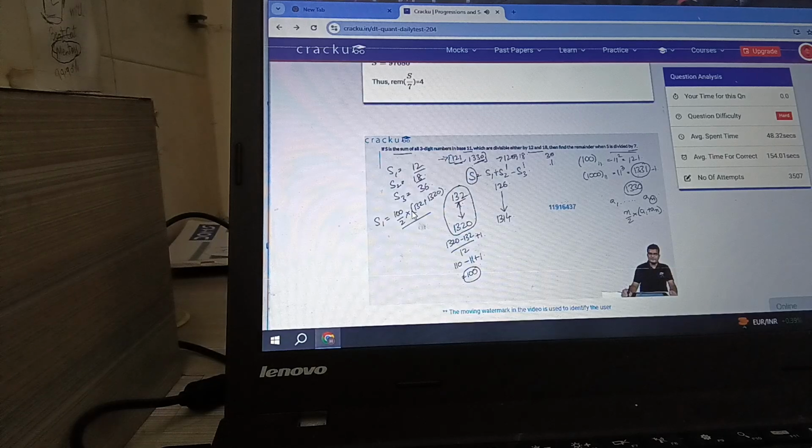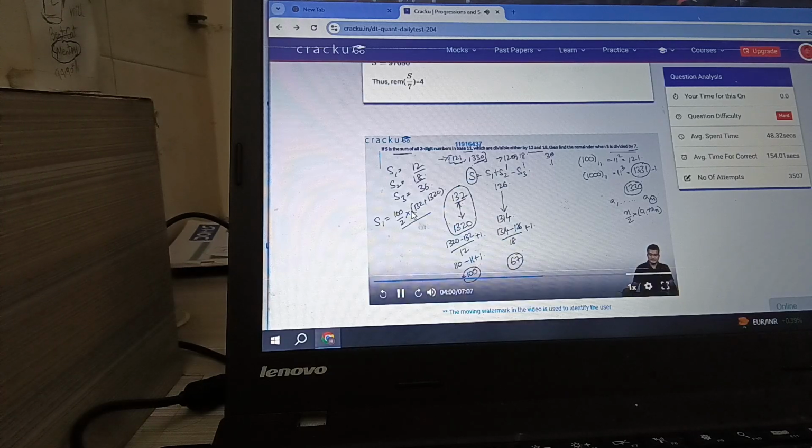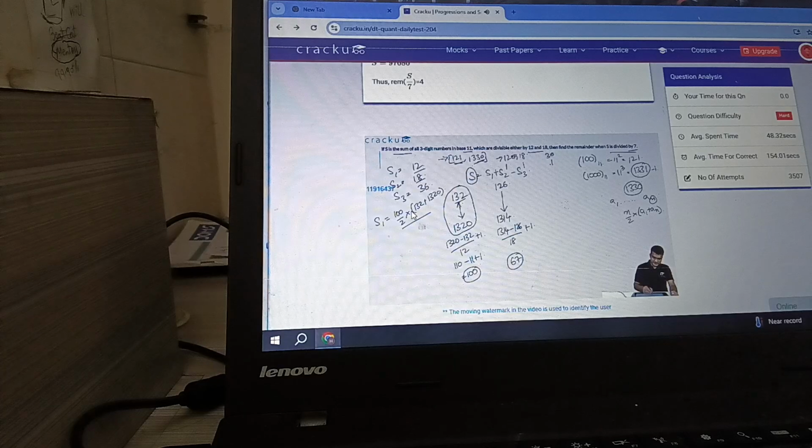Therefore, the number of multiples of 18 which lie between 126 and 1314 will be (1314 minus 126) divided by 18, plus 1. If you simplify and calculate, you will get that this is equal to 67. Similarly, if you are looking for the multiples of 36, the smallest multiple of 36 which is greater than 121 is 144. And the largest multiple will be equal to 1296.